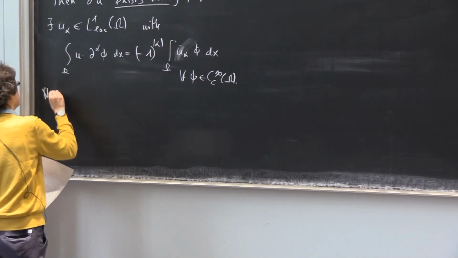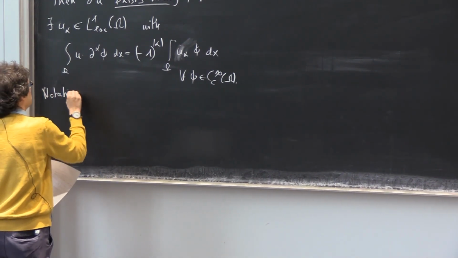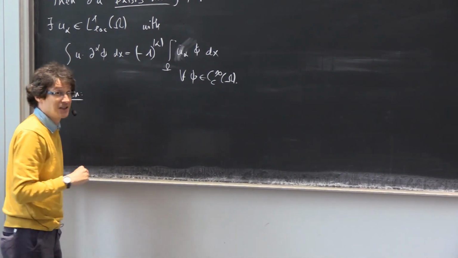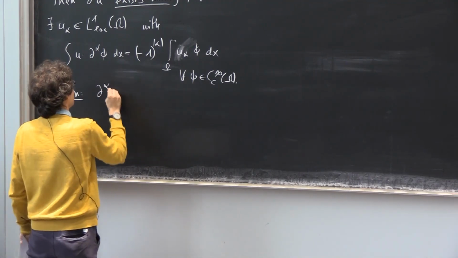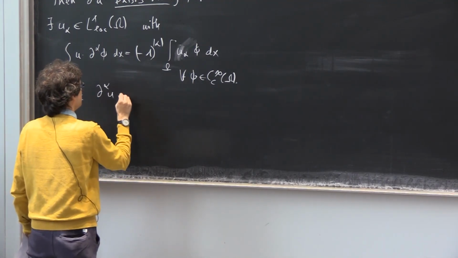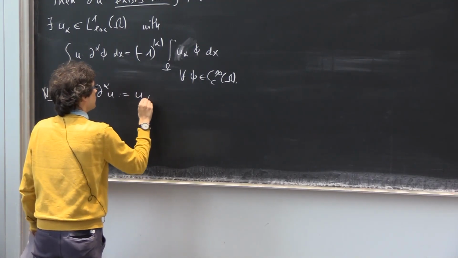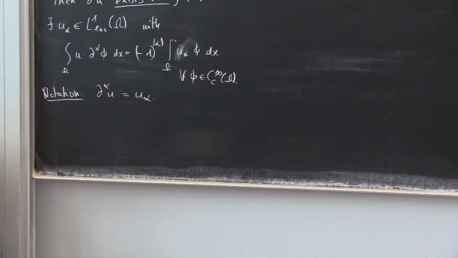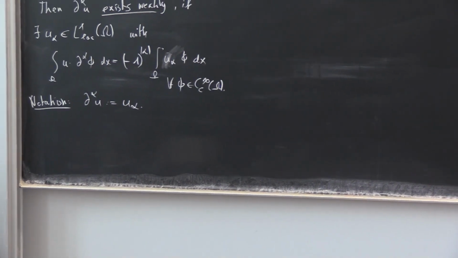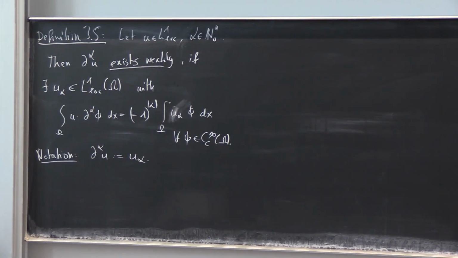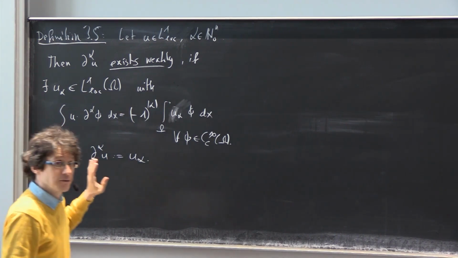And we will use the same symbols as before. So in this case, we will write D alpha u for this function u alpha. We just reuse the same symbols. This is okay because we have seen above, whenever you have a classically differentiable function, then it will be weakly differentiable.